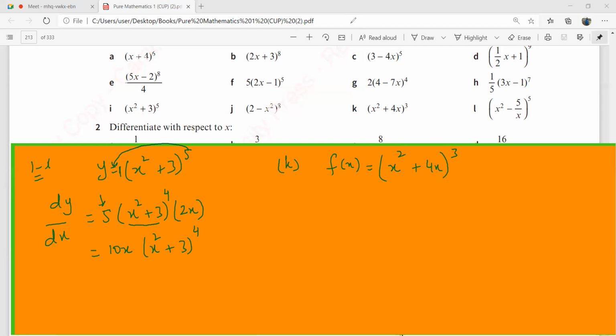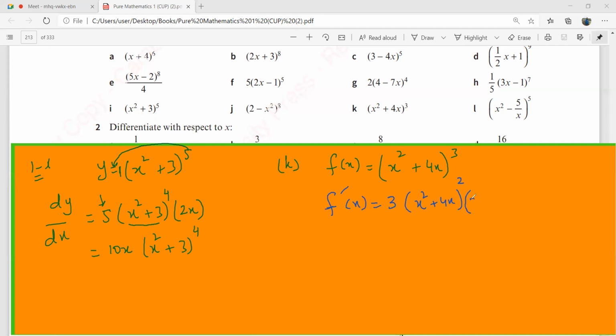So when you differentiate this, guys, you must have f dash of x here, okay? The derivative of f of x is called f dash of x. So 3 into this 1 here, that will give you 3, and then you have (x squared plus 4x) to the power 2 left here, and then it's a turn to differentiate whatever you had inside these brackets.